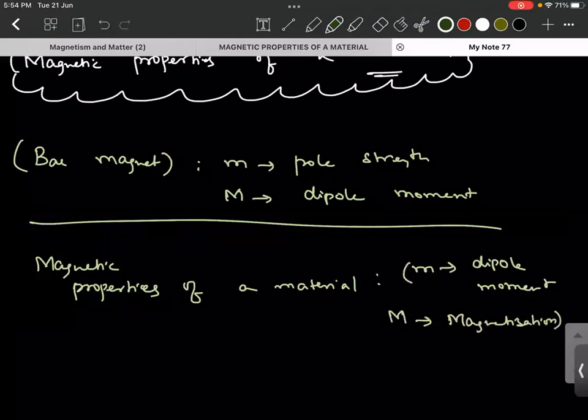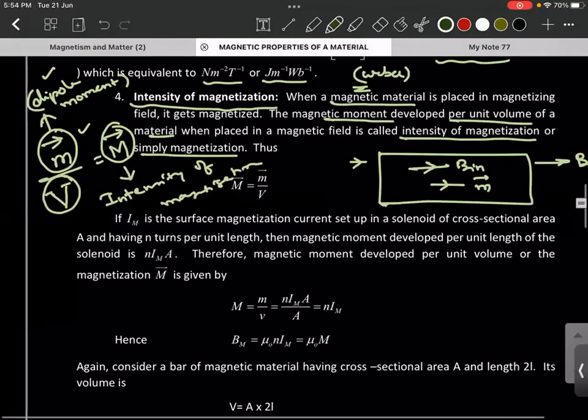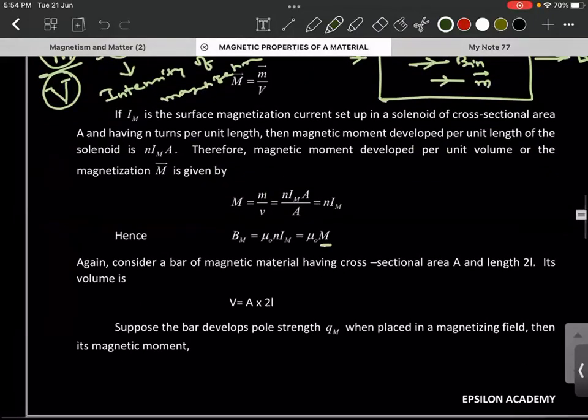So small m and capital M vary from context to context. In this context, capital M stands for intensity of magnetization and small m stands for dipole moment. Is that clear?